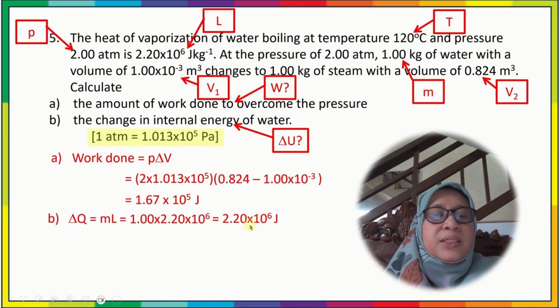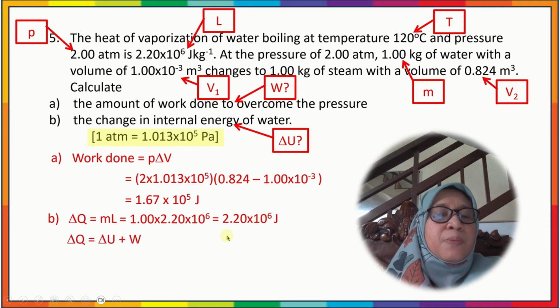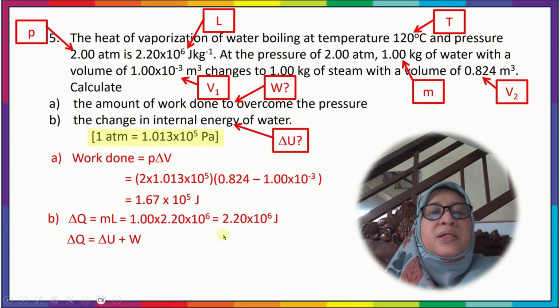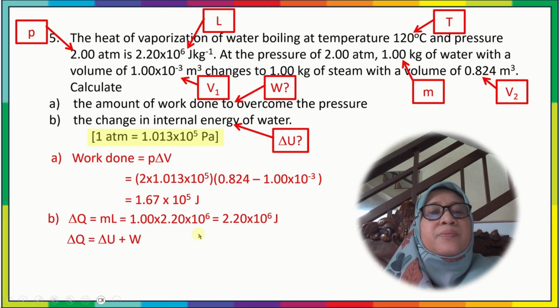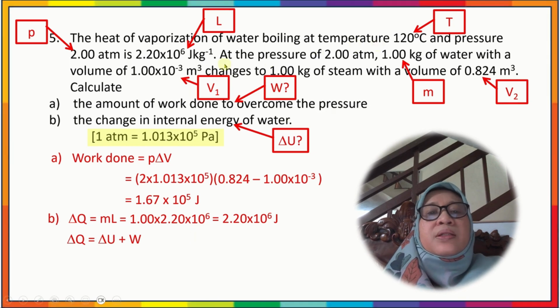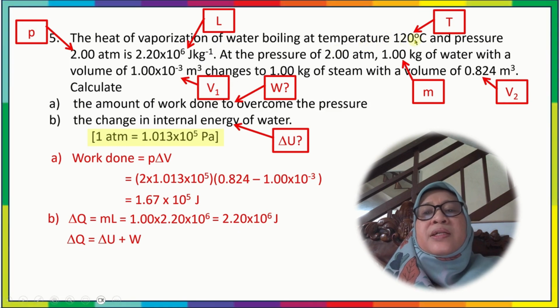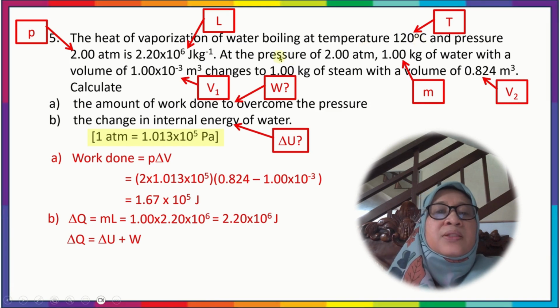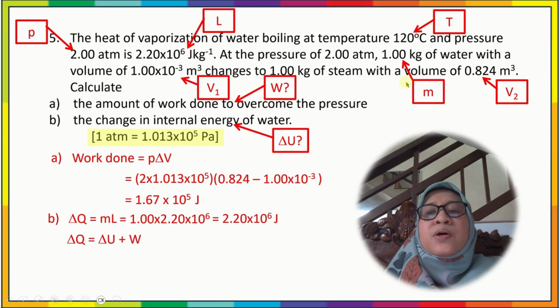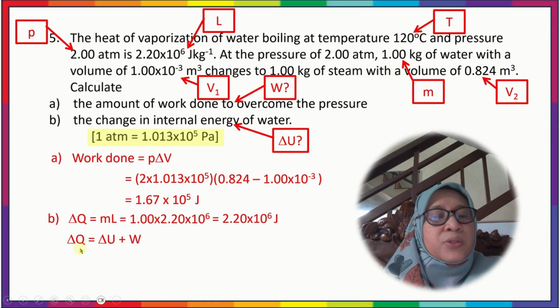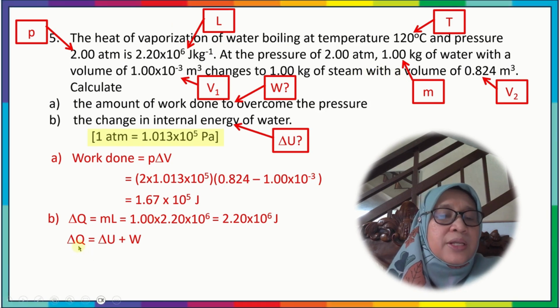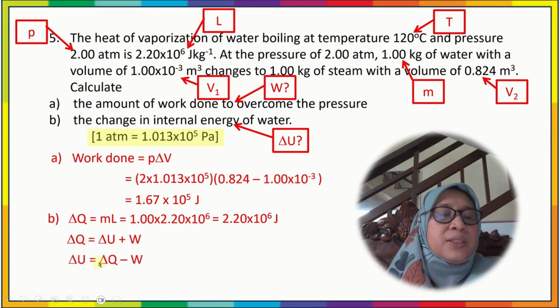This heat is positive, because at this temperature the heat is absorbed for the water to boil and become steam. So heat is absorbed, which means delta Q is positive.